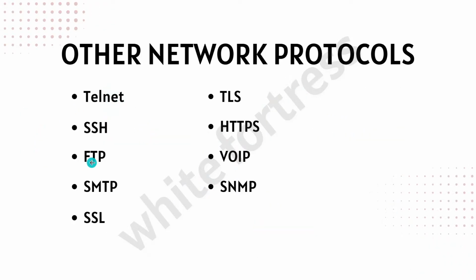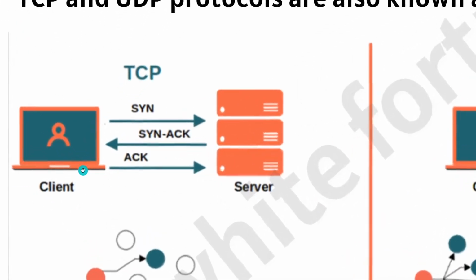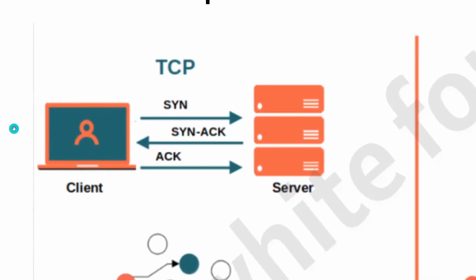So what happens at the client and server side? For example, the client wants some data from the server, some kind of file or anything. First of all, the client, that is your browser, synchronizes with the server and asks if I am reachable or not. If the server is reachable, then the server will reply with SYN ACK packets.